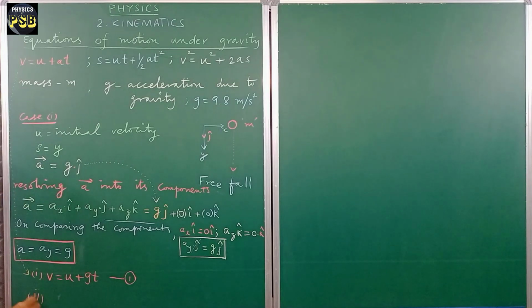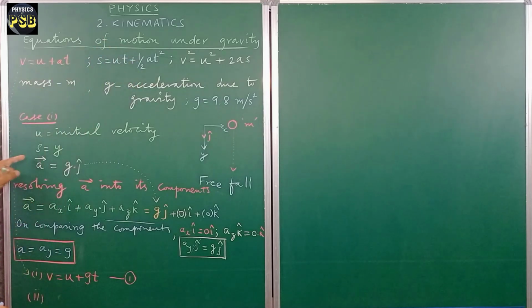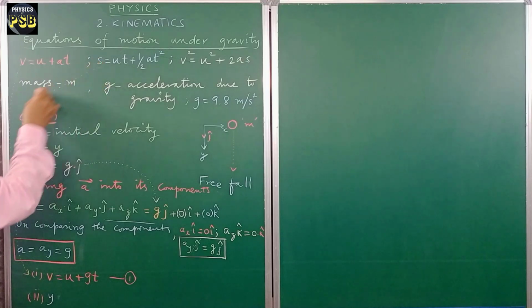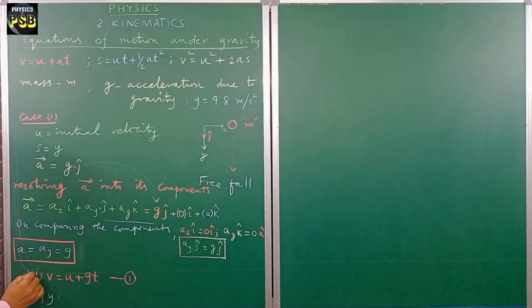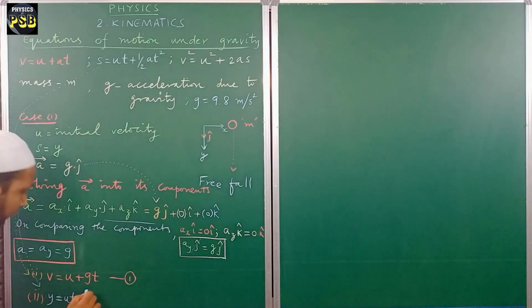Then second thing here. What is this? In the place of a, I have to mention this value. So this will become, see this one, y equals ut plus half.